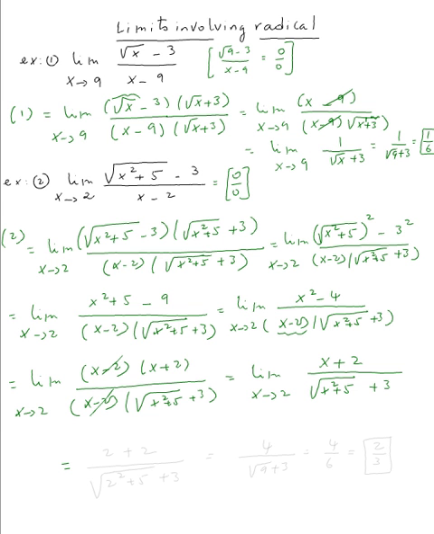If you plug 2 into x, we get 2 plus 2 over square root of 2 squared plus 5, plus 3, which is 4 over square root of 9 plus 3, which is 3 plus 3, 6. So 4 over 6, which is 2 over 3. And that's it for these examples.